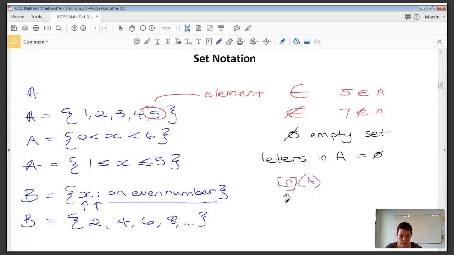This n stands for number of elements. So when we say n of set A, we're saying the number of elements in set A. It's just shorthand. It's nothing fancy. So in our case here with our little set of A, the n of A equals, and we count them, 1, 2, 3, 4, 5. There are 5 elements in set A.